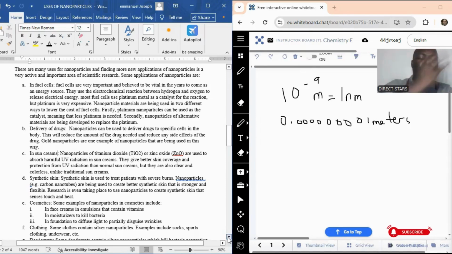Number two is delivery of drugs. Yes, nanoparticles have helped with the delivery of drugs to specific cells in the body. They're very small, so they can be targeted at specific cells in the body. We have billions of cells in the body, and you may want to target maybe 100 cells in a particular spot of the body.